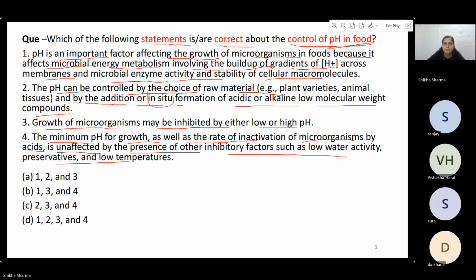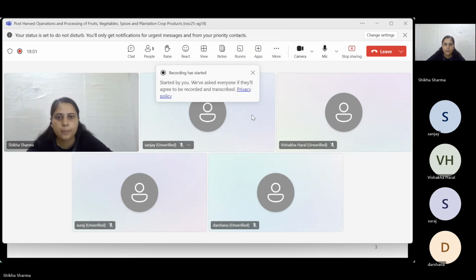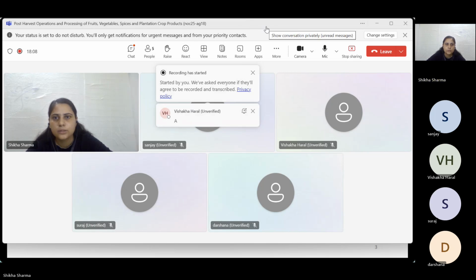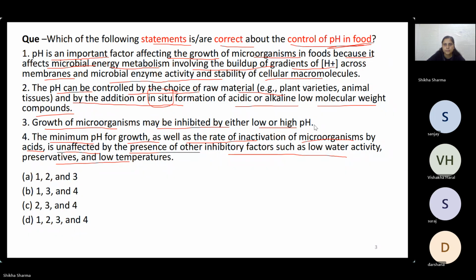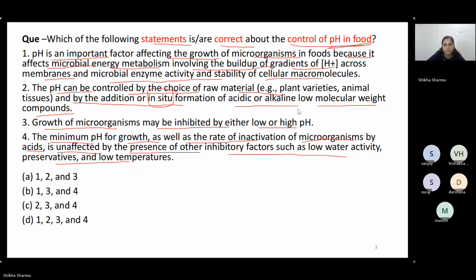Anyone? Anyone would like to answer? So Vishakha is saying A. Anyone else?